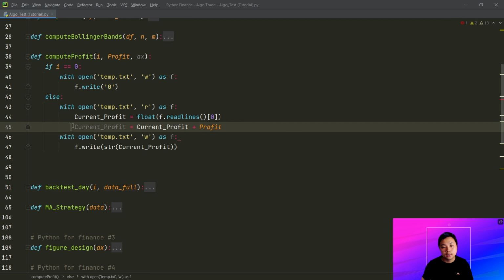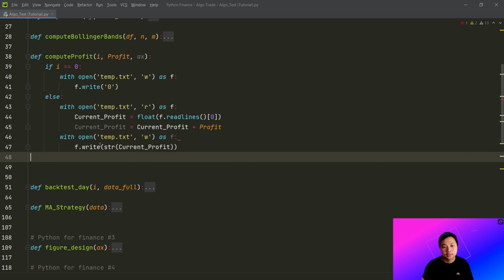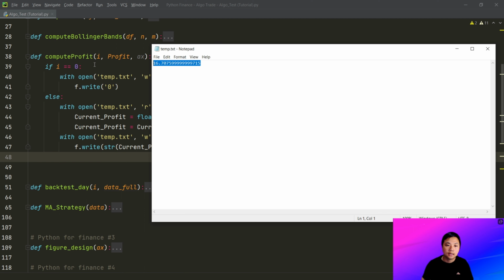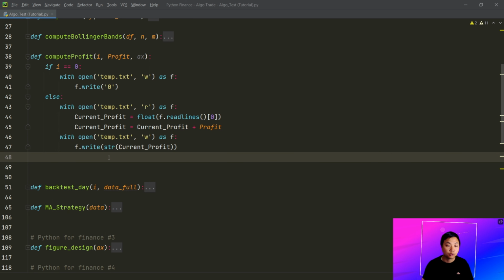So just write this total profit in this temp file, so that later on, each time it runs through the data set, it will refer to our total balance in the previous backtest trading, adding up the profits or subtracting the loss for each of the updates. And then it will continue to update the text file and show it on the chart.